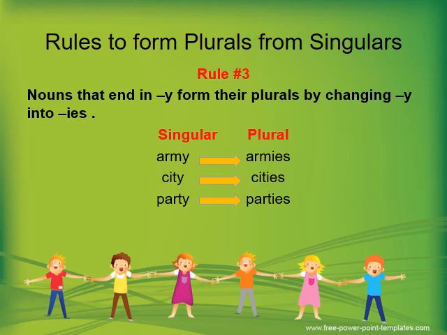Party. So, what is the plural form of the singular noun party? It is parties, which is formed by changing y in the end into ies. Next one, story, which is a singular noun. And what is the plural form of this noun? Stories.